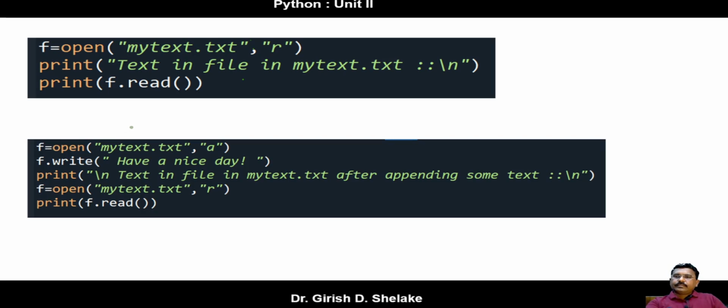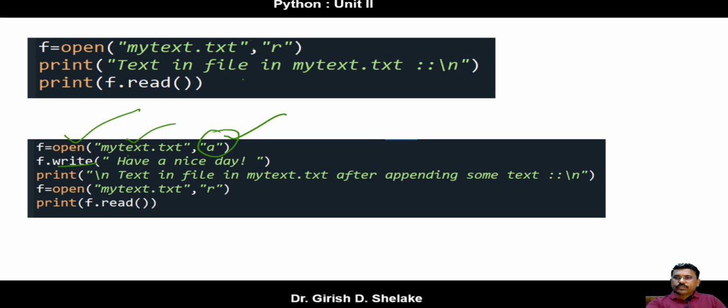Now to append some text in our same file, that is my text.txt, we just open that file but in append mode. We just have to write here a, and to write something in that file we just use the f.write method, and just in a bracket, in a double quotation mark, whatever you write will be appended in our original text file which is there in our folder.